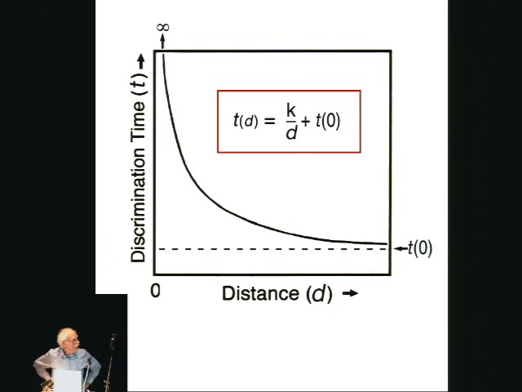And then assume that the discrimination response occurred when you first got activation of a consequential region that included one stimulus but not the other, that would differentiate them.